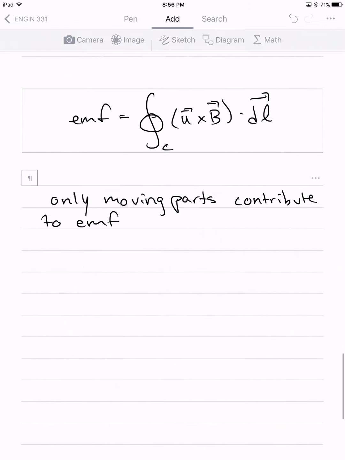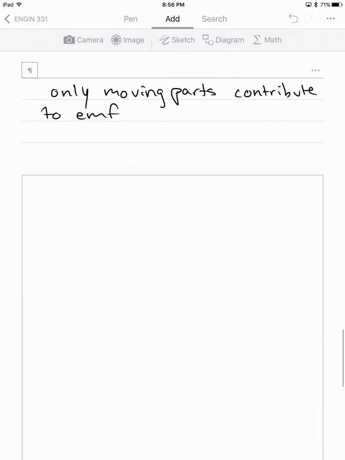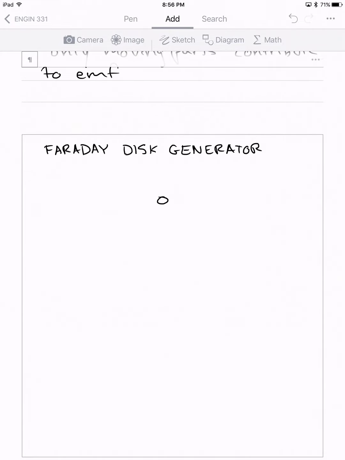All right, so back to the problem. The problem that we're dealing with right now is called a Faraday disk generator. What that looks like is you have an axis, you've got a disc, this whole thing is made of metal.